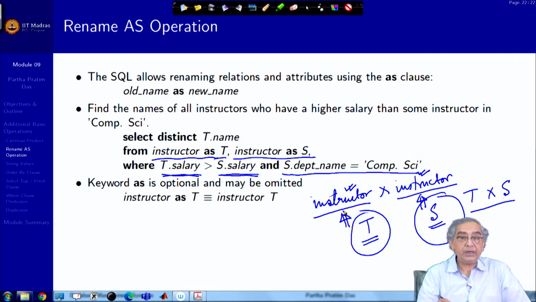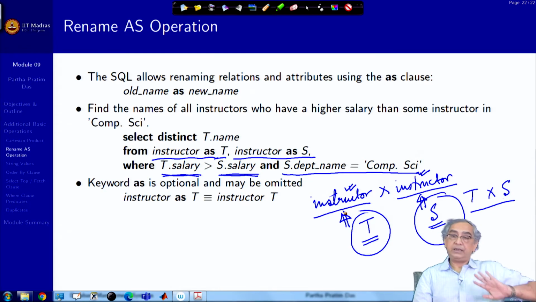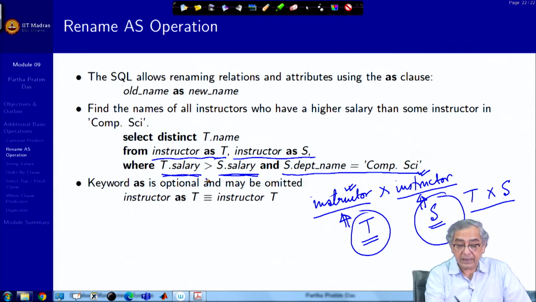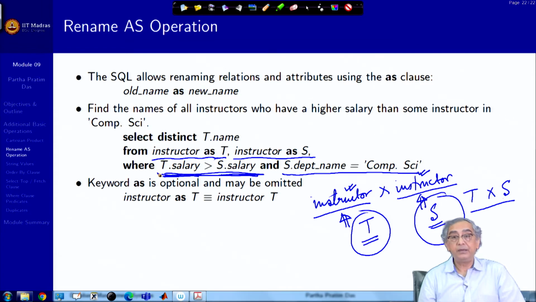In T we have not done any selection, so there is computer science faculty as well as other department faculty. So, for all faculty, I will select those whose salary is higher than some instructor in the computer science department, not all, because this condition can get satisfied for any.